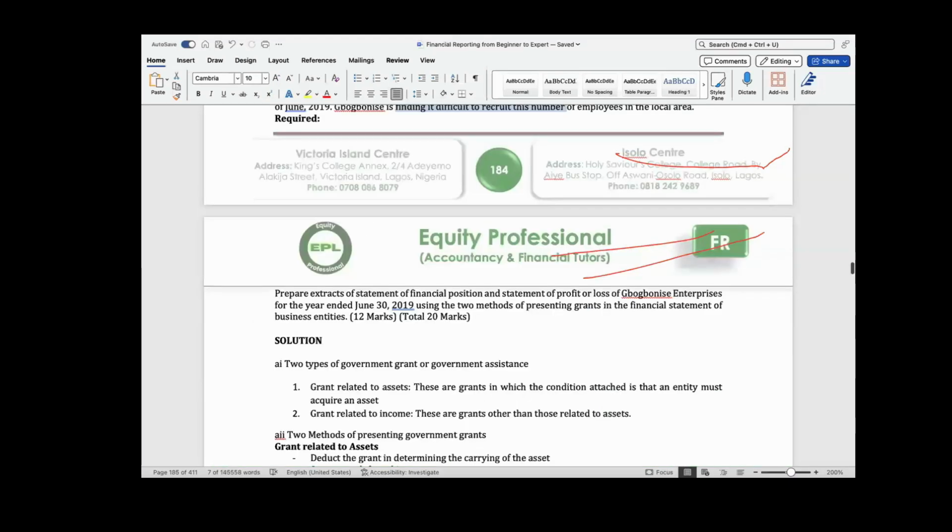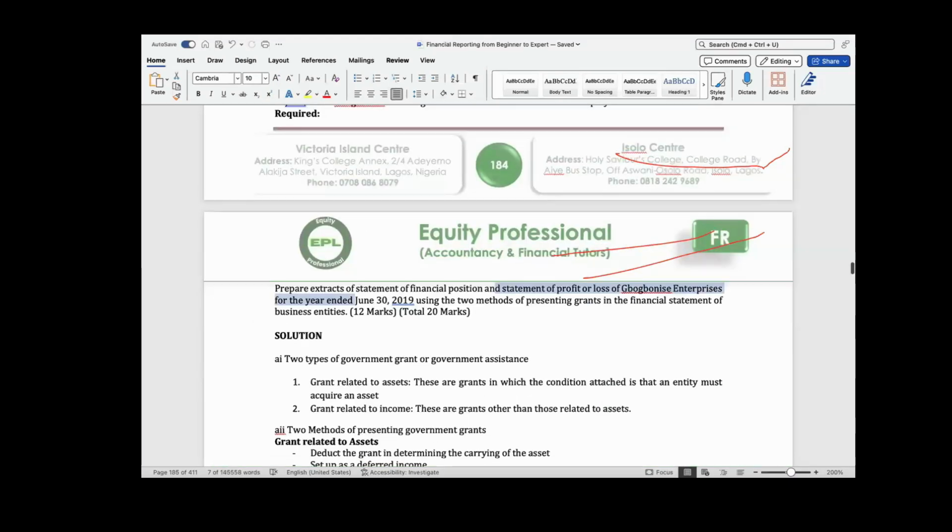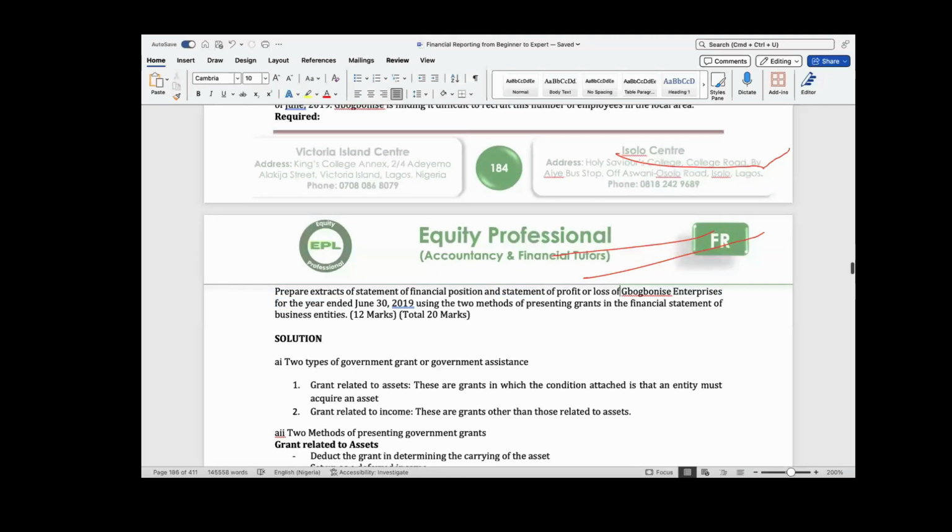Okay, let's say method one, which is to deduct the grants from carrying amounts. I'm going to match that with the one for grants related to assets.